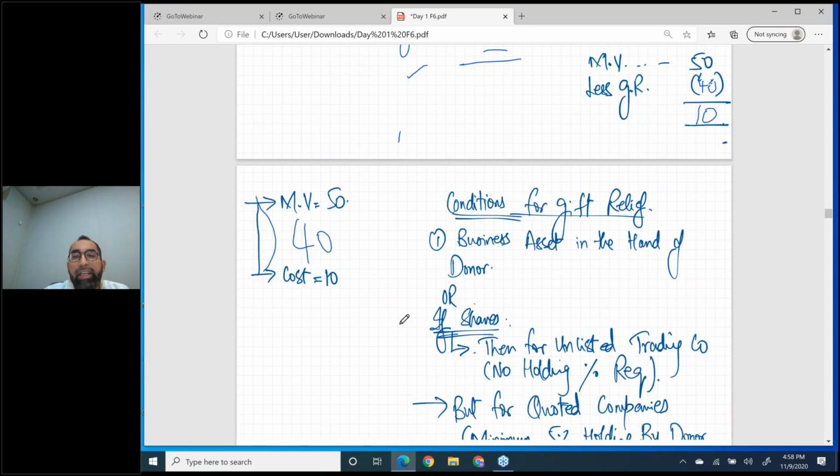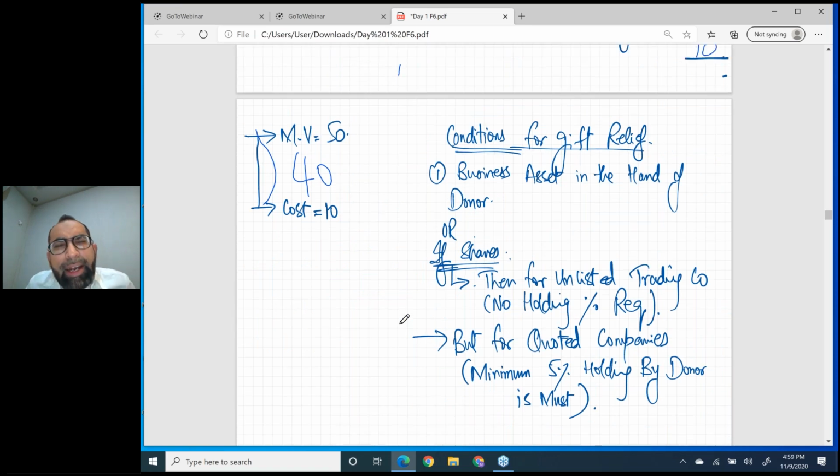Now, conditions for gift relief. Sir, are there any conditions for gift relief? Obviously, you have to meet the first thing: if dad is giving any asset, that asset must be a business asset in the hand of the donor, right? A factory or something like that.